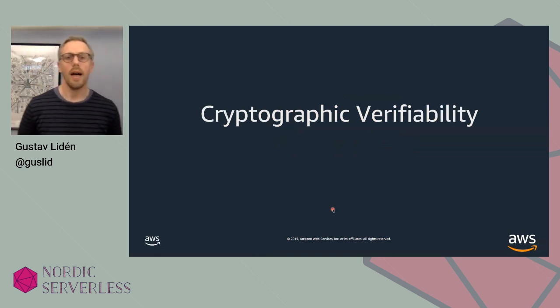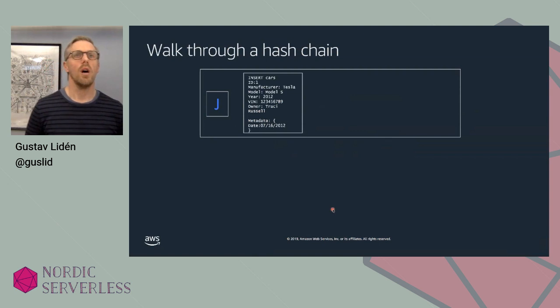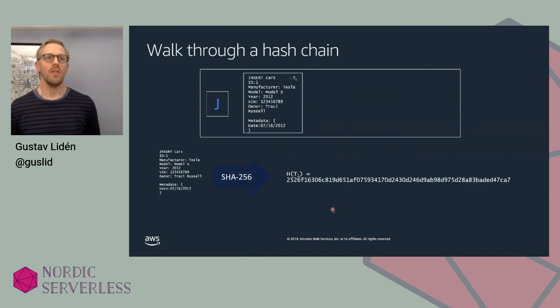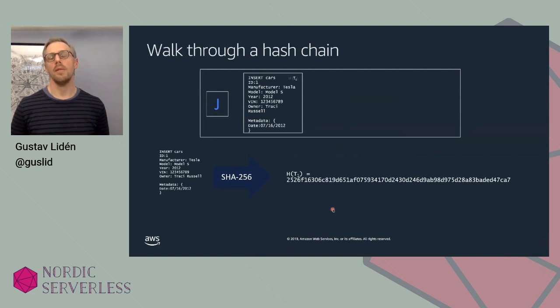Similar to what we just did in inserting and updating data, I'd like to walk through this hash chain, or how the hashes work. When we insert data or do any action on this database or this ledger, hashes are constantly produced.